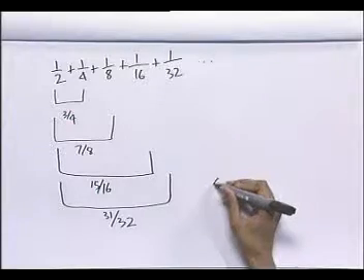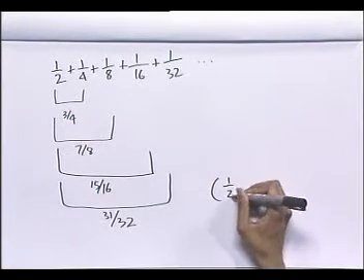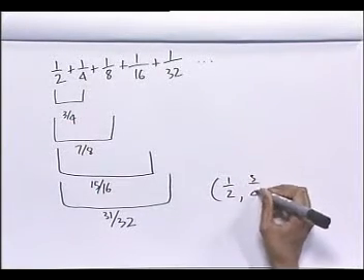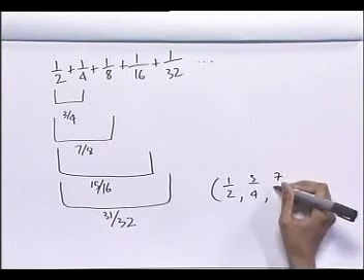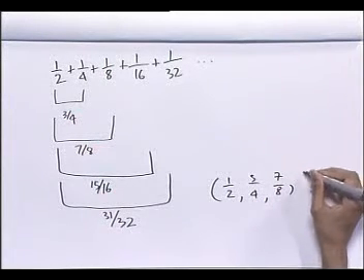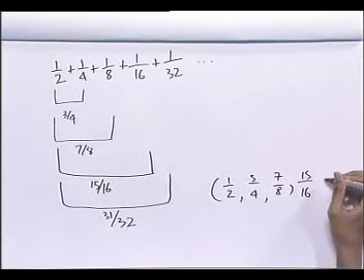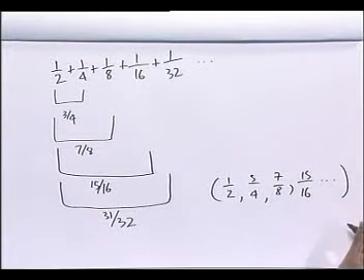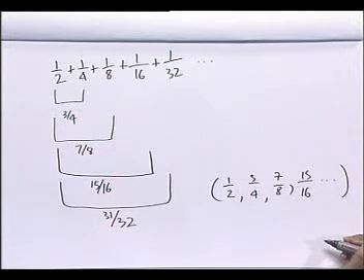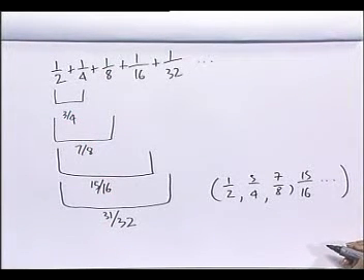If we write down the partial sums, so that's a half, 3/4, 7/8, 15/16, and so on, we can see that they form the beginning of an infinite sequence. The nth term of this sequence is the nth partial sum.